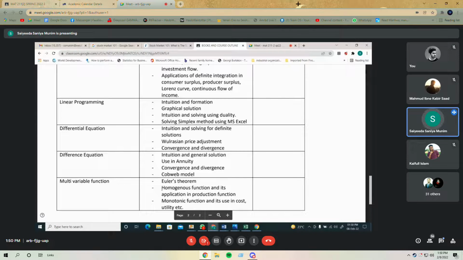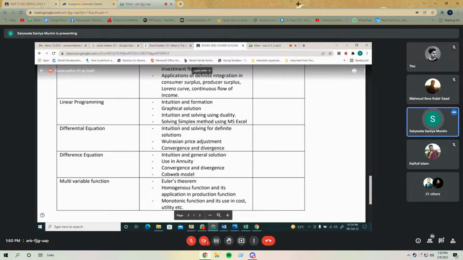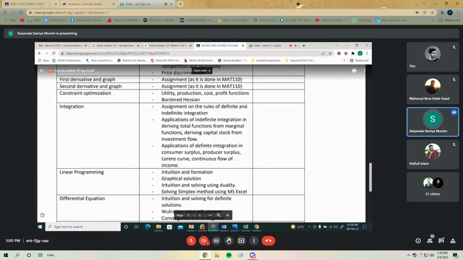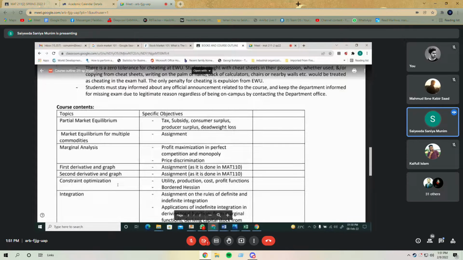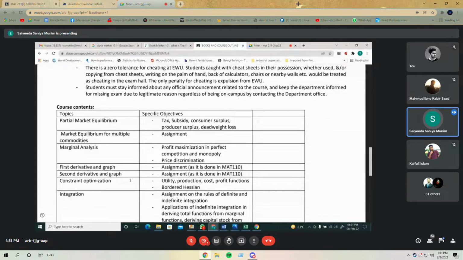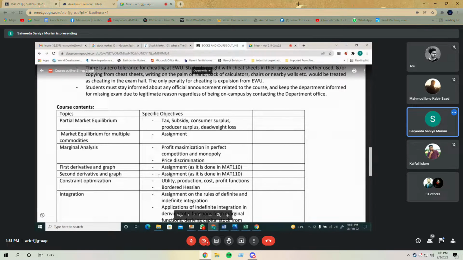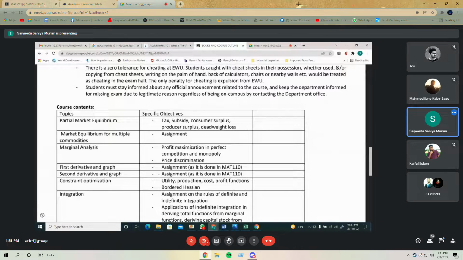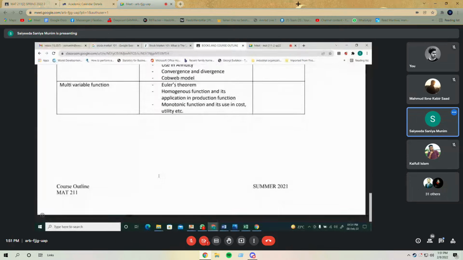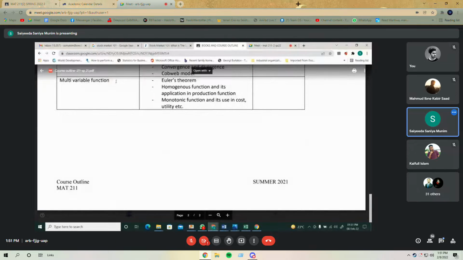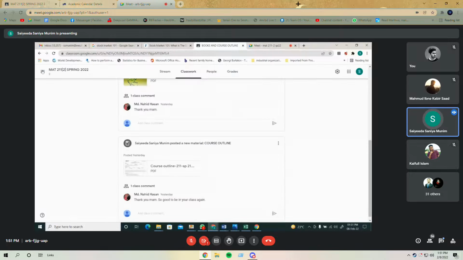And also multivariable functions. Actually, this part should come right after the second derivative. This is where it should come. So multivariable function is also here. Right, so this is my course outline.